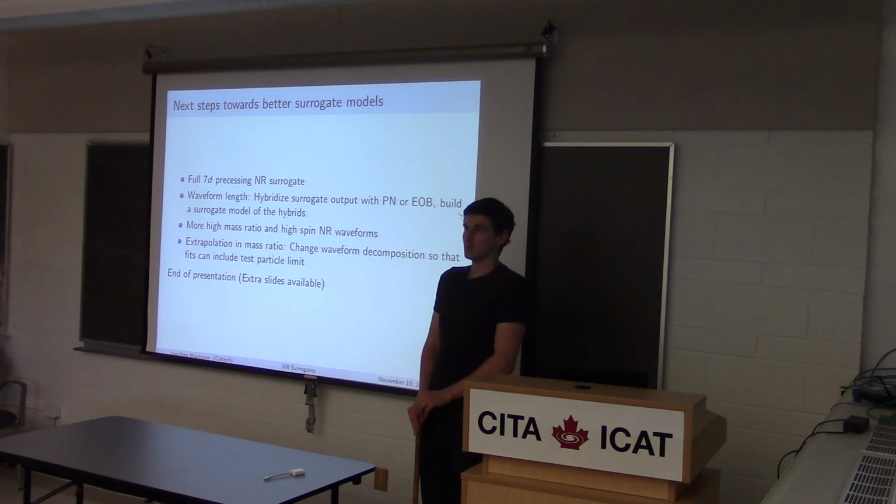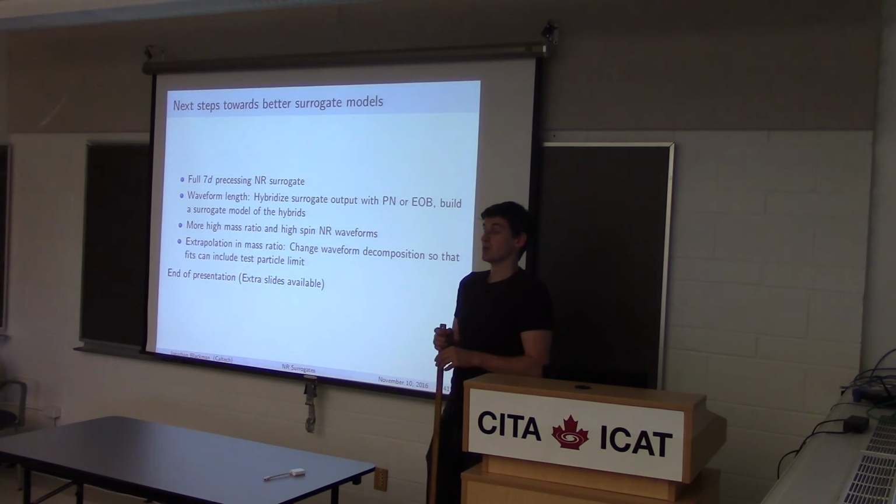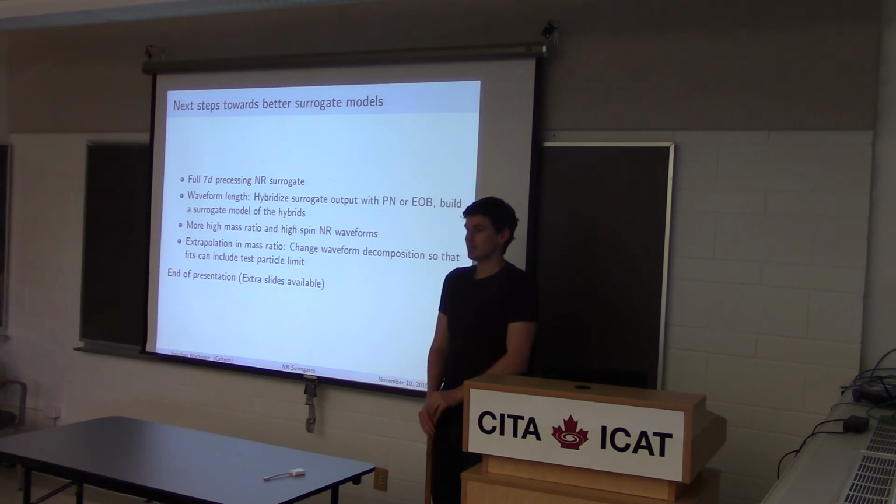In hindsight, it maybe would have been better, for surrogate modeling purposes, to choose a 4-dimensional space where we have no spin on the smaller black hole and arbitrary spin on the larger black hole. This would have been a lot easier to model, and we wouldn't have run into this issue with the azimuthal angle.